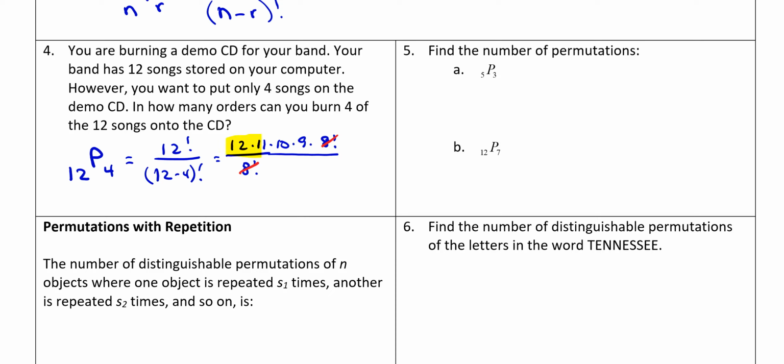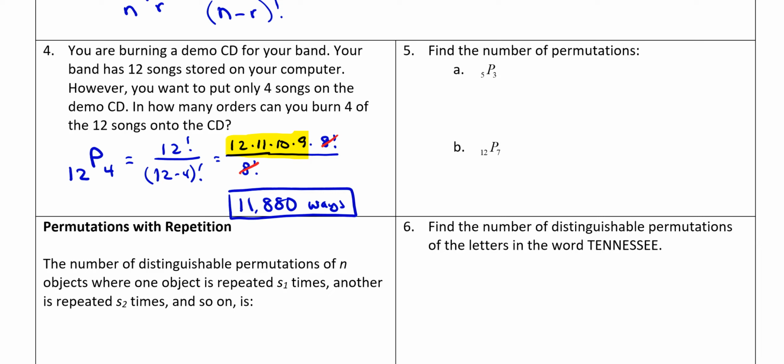Look right there, 12 times 11 times 10 times 9. If we multiply these things together, we would have 11,880 orders, I guess we'll say ways. So there's 11,880 possible ways you can order those songs. That's quite a few.